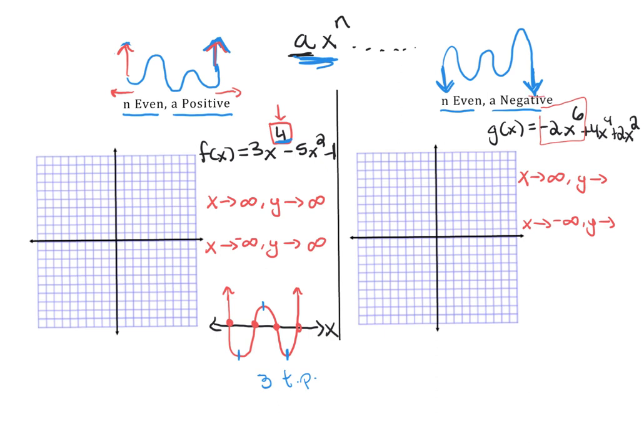As x approaches infinity, y is approaching negative infinity. And as x approaches negative infinity, y approaches negative infinity. So even exponents, they always approach the same: positive infinity here for positive leading coefficients, and negative infinity for negative ones.